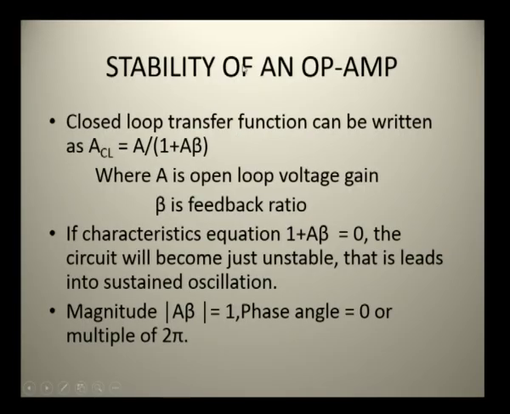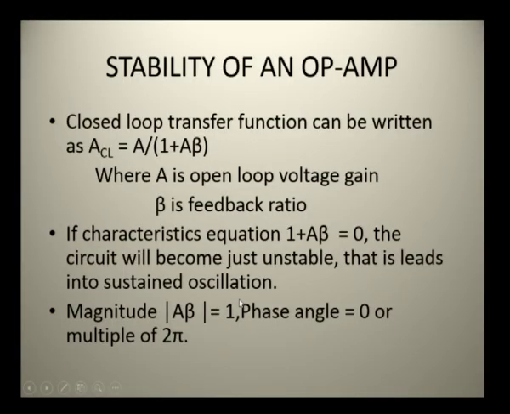And next is the stability of an operational amplifier. The closed loop transfer function can be written as ACL equals A by 1 plus A beta. What do you mean by ACL? It is the closed loop gain, A is the open loop gain, and beta is the feedback factor. If the characteristic equation 1 plus A beta is equal to 0, the circuit will become just unstable. This leads to sustained oscillations.